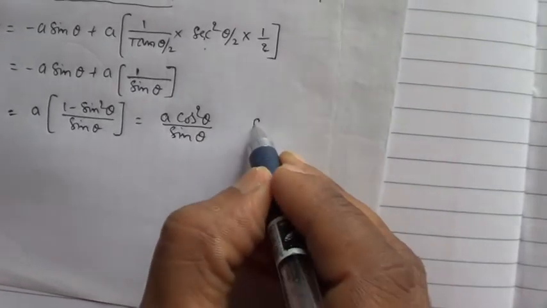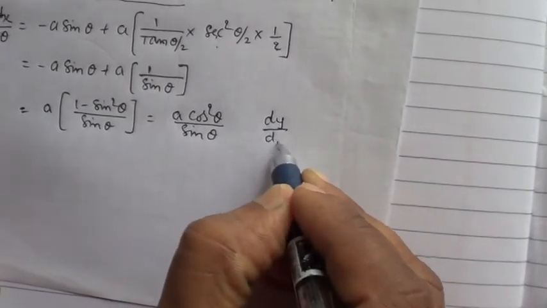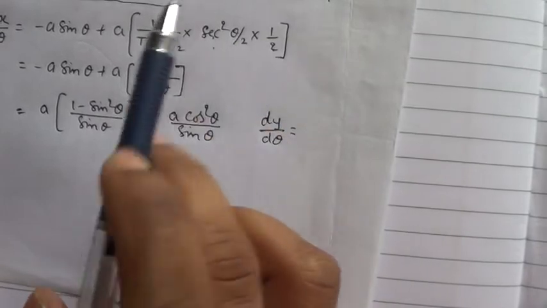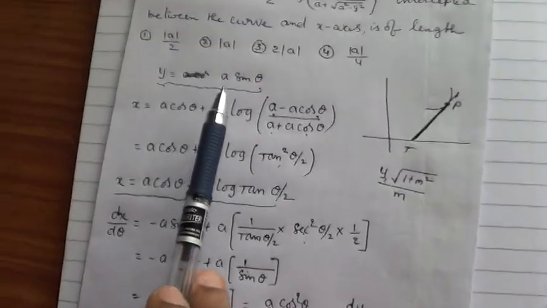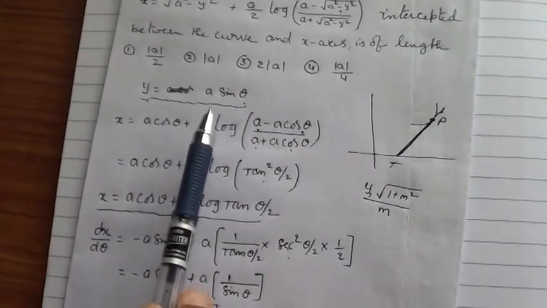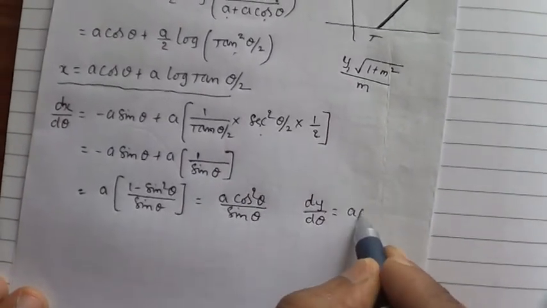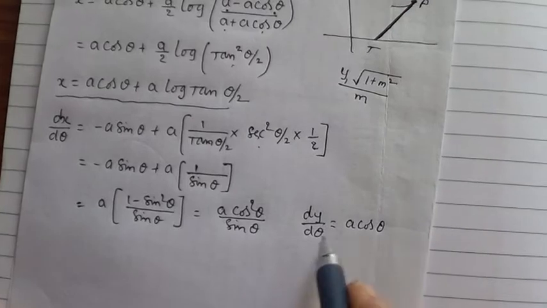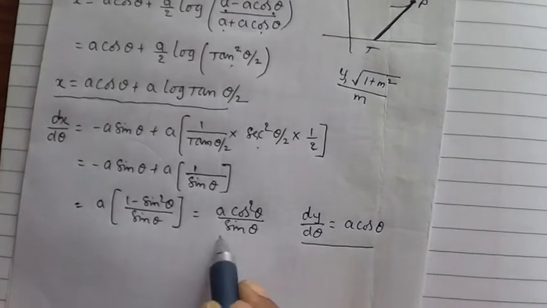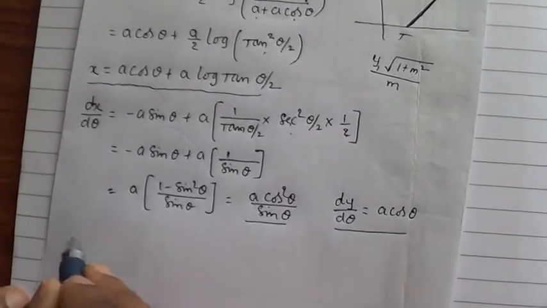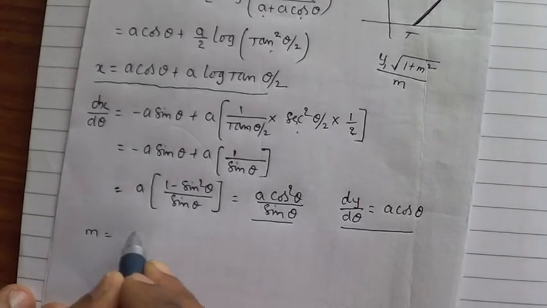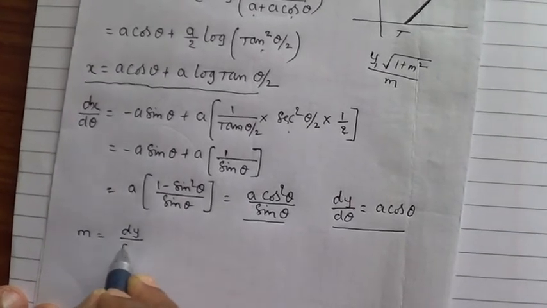Now what about dy by d theta? Because y is equal to a sin theta, dy by d theta is equal to a into cos theta. Dy by d theta we got, dx by d theta also we got. So we have to find out m. M is nothing but dy by dx.